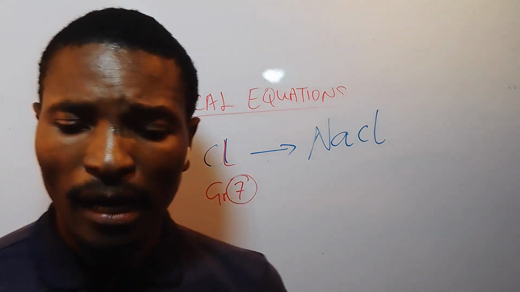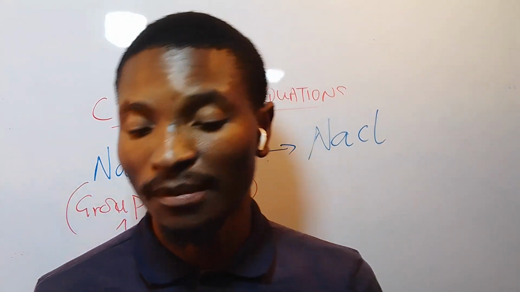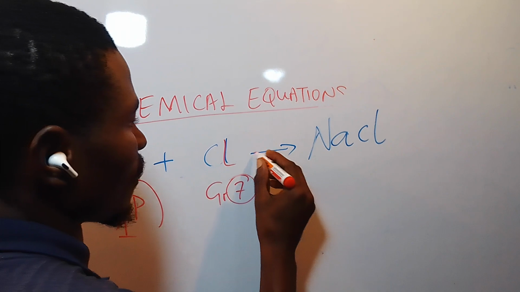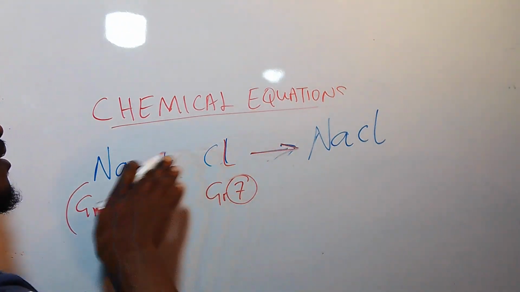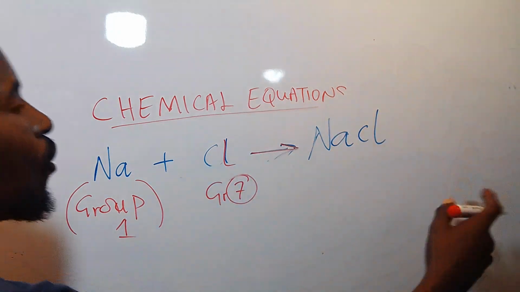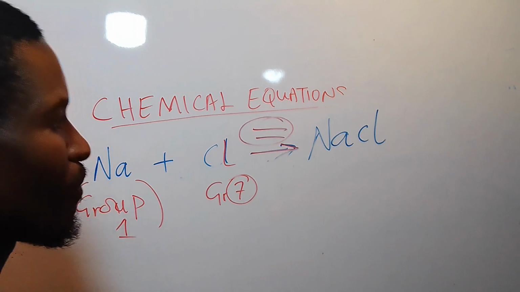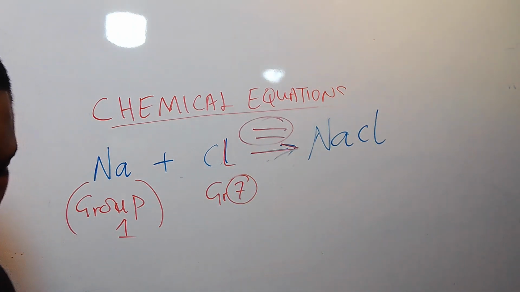Now, that's what you really need to understand about a chemical reaction or chemical equation. More than that, this arrow points you to what is formed, or in the mathematical sense, this is simply an equal sign.